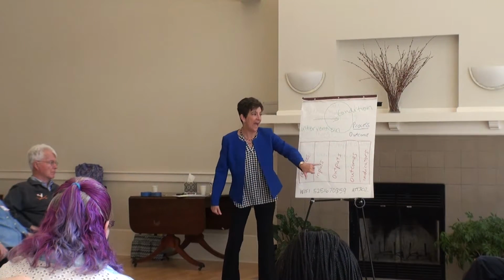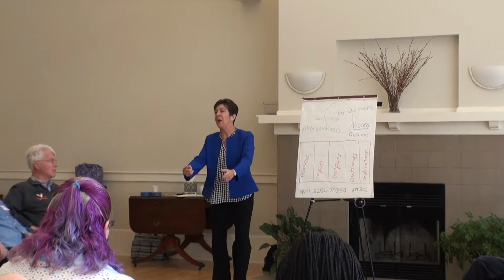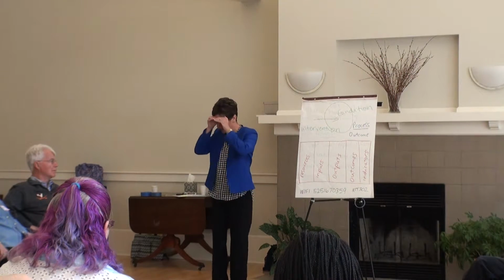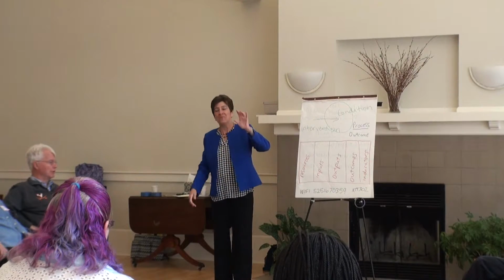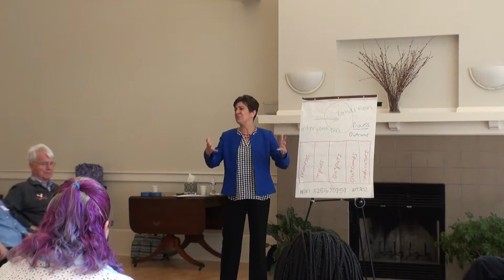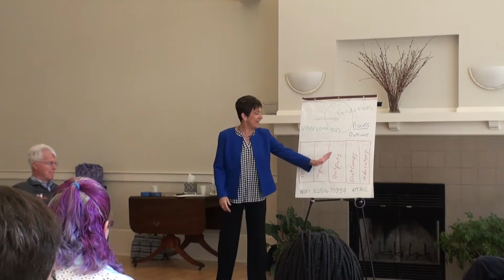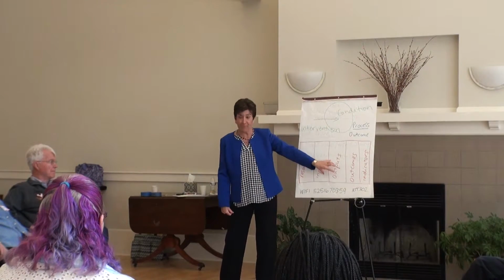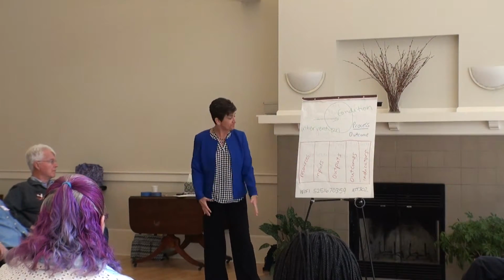What needed to happen? What needed to have happened? I know there's an English teacher in the room. I don't remember what verb tense this is, but it's some subjunctive of something. Okay, so what would have had to have happened for that happiness to take place?